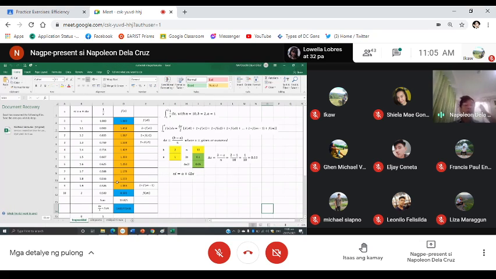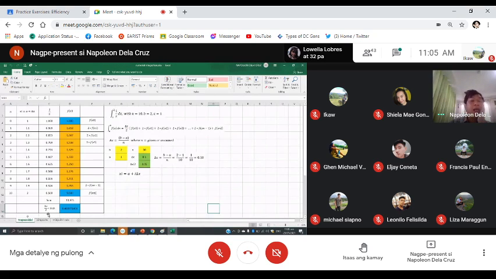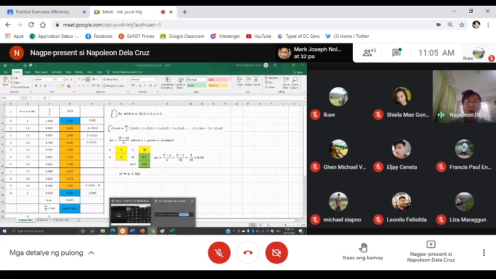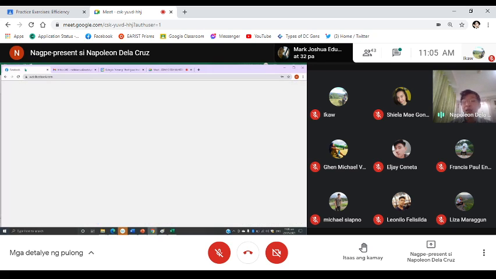Numerical integration. Okay? Ayan ang aking spreadsheet. Hindi ko sinishare ito, alam niyo yan, kasi ang tendency ng estudyante, kopyahin na lang. Diba? Hindi na gumagawa ng kanila.